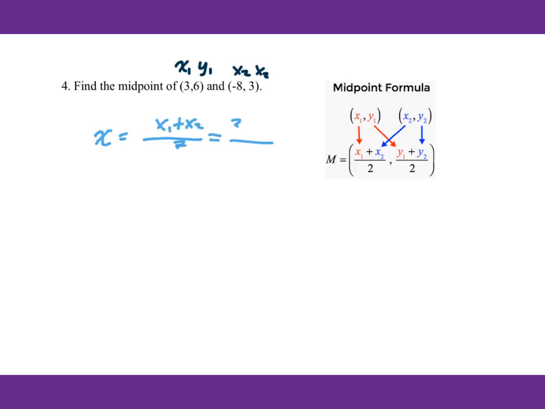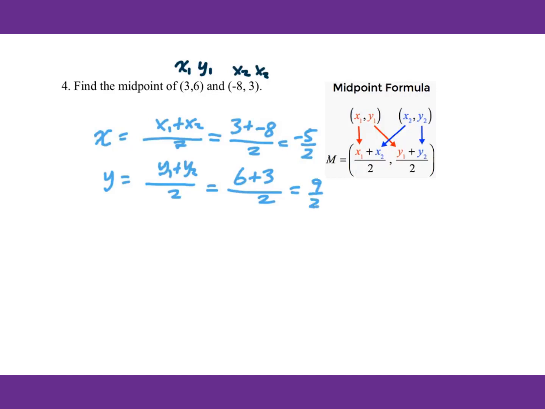So you get 3 plus negative 8 over 2 equals negative 5 over 2. For y equals y1 plus y2 over 2 equals 6 plus 3 over 2 equals 9 over 2. Therefore, the midpoint M will be negative 5 over 2 and 9 over 2.